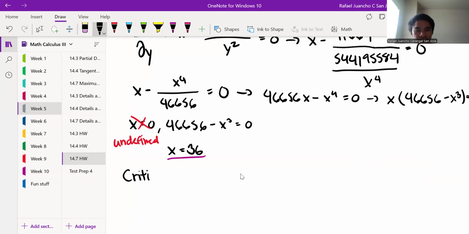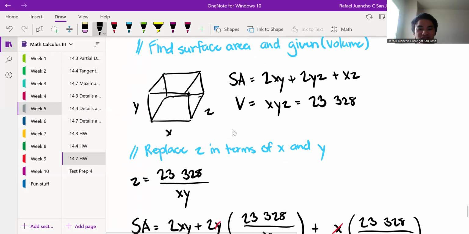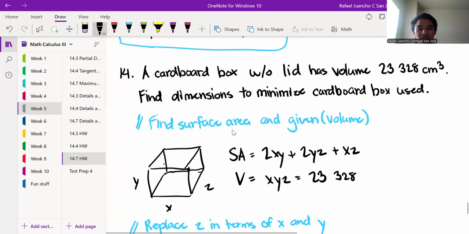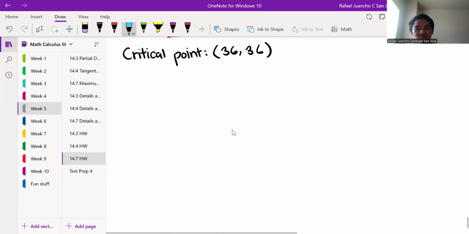So my critical point is exactly at x equals 36. Now, how do I find my z? That's the last thing. To find z, I just plug it back into my volume.